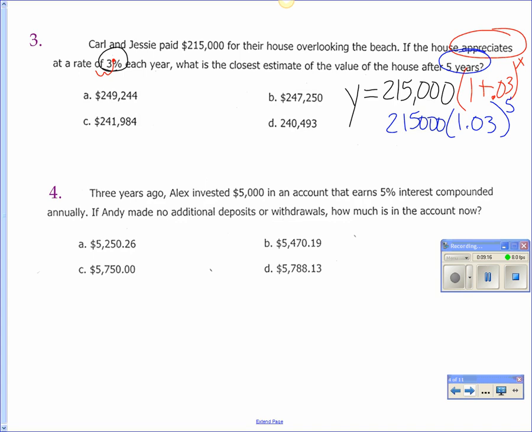Perfect. So you get A. Raise your hand if you got A on that one. Very good. Pat yourselves on the back. Good, good, good. All right, number 4.